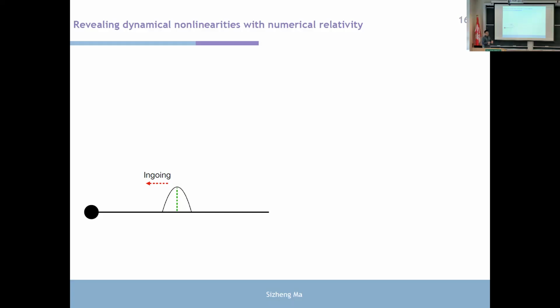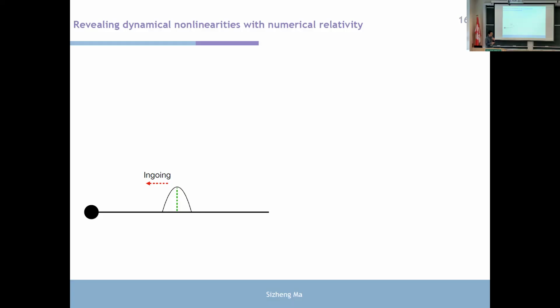First, we always need to solve the constraint equations to construct the initial data. This can be subtle and difficult when this pulse is strong enough. And second, this packet is always spatially compact. As a result, the pulse always triggers a transient effect.